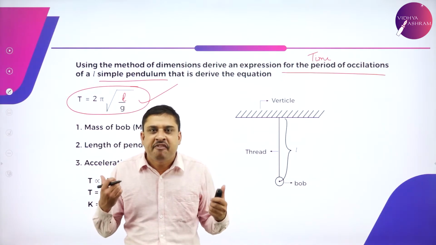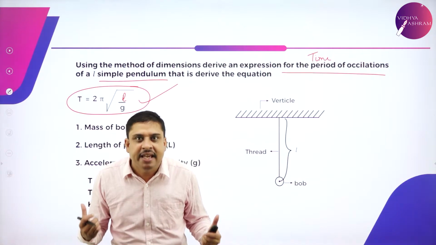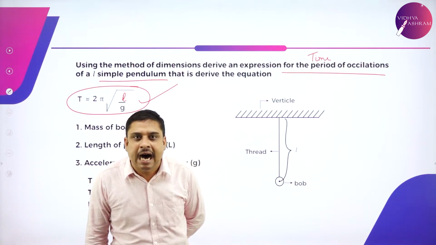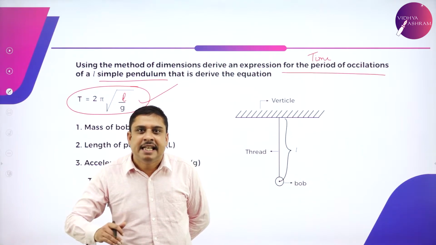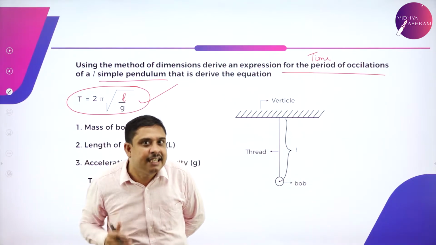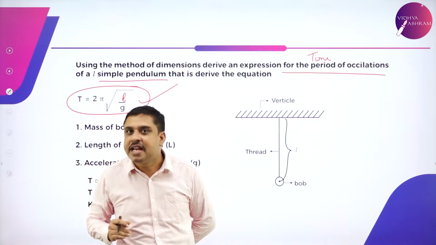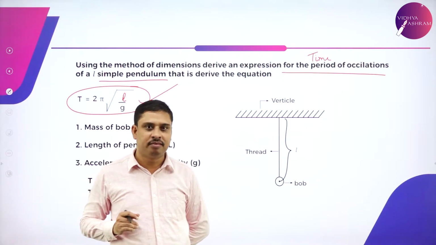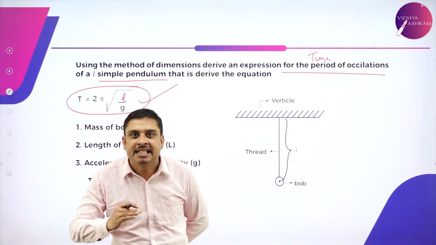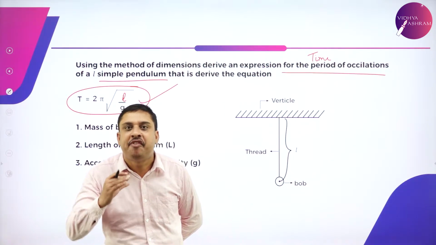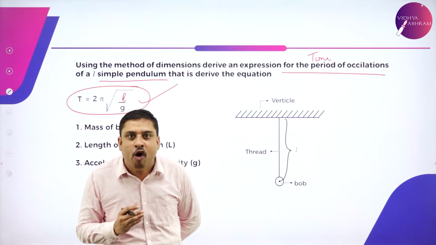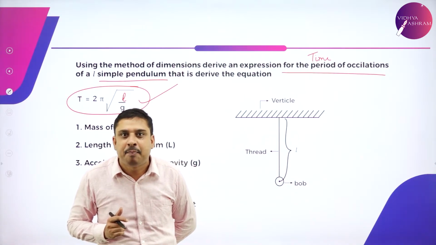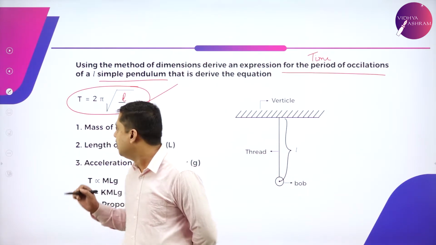Now, before deriving the expression, let us analyze the different factors on which the time period depends. The factors which may affect the period of oscillations of a simple pendulum.